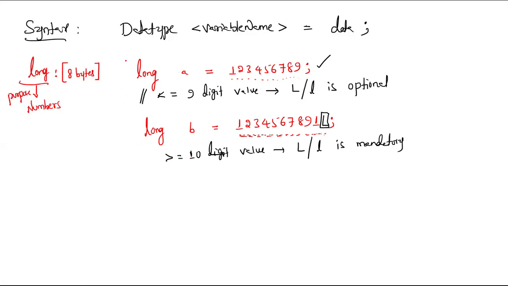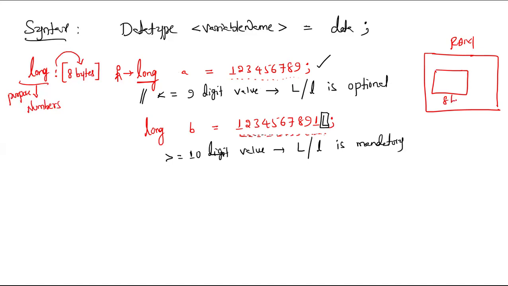Why should we not go for long every time? Because when the JVM executes this first line, as we discussed in yesterday's class, in the memory or in the RAM, how much memory allocation will happen? Because of the long type, and long consumes 8 bytes of memory. Therefore, in memory, 8 bytes will be allocated.